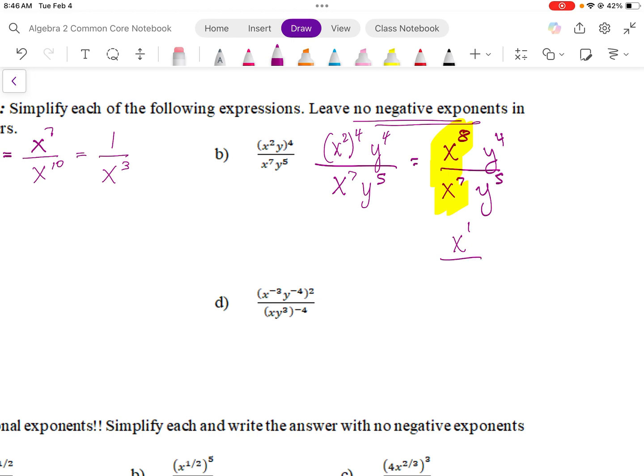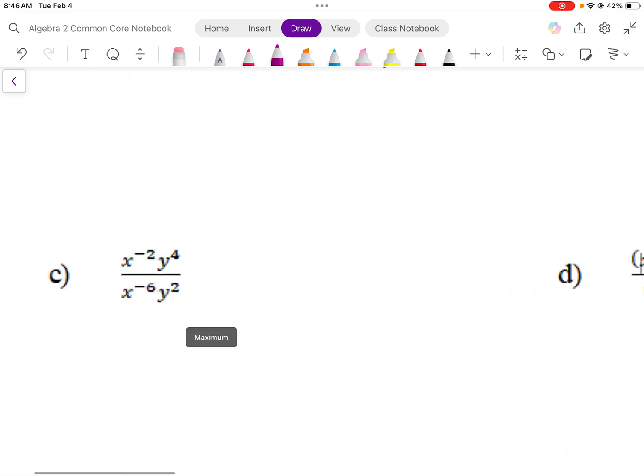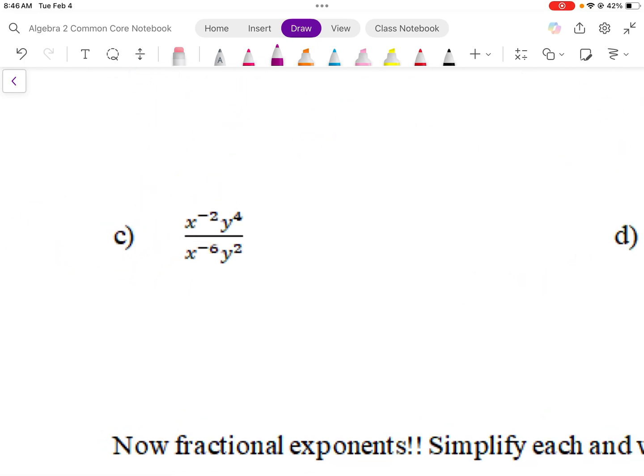So I put it on the top, and then I have y to the 4 over y to the 5th. 4 minus 5 is 1, and there are more on the bottom, so this would end up being just plain x over y.